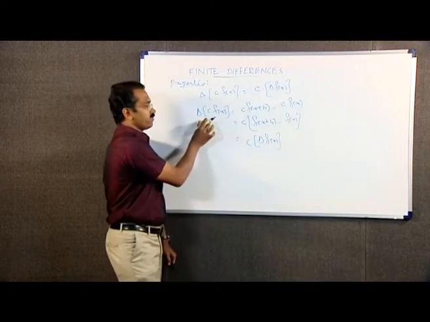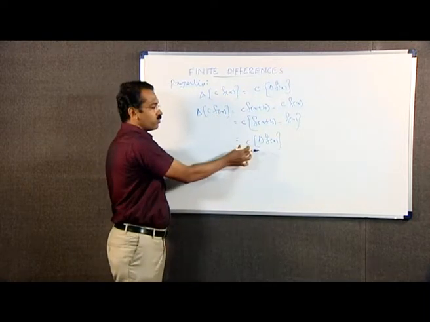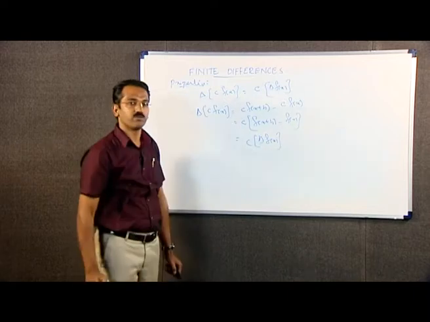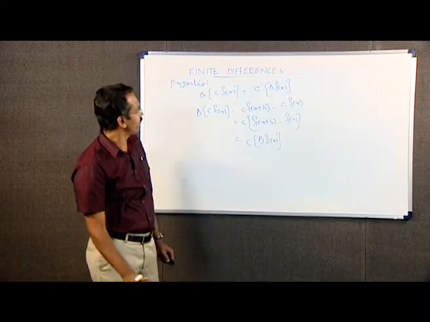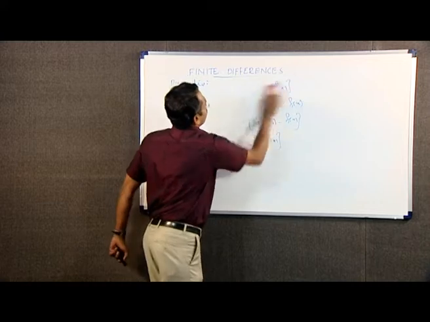That is delta of c times f of x is equal to c times delta of f of x, which is the third property.